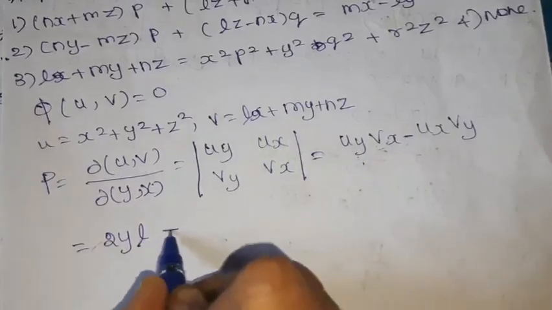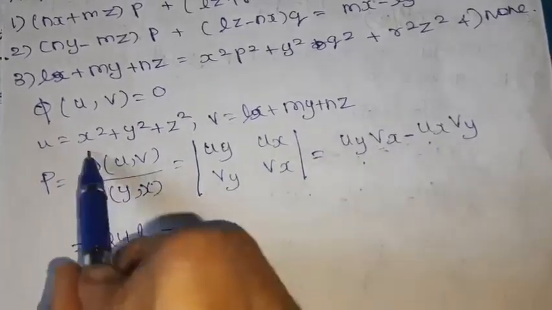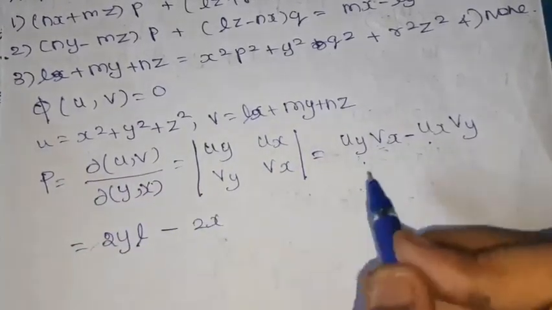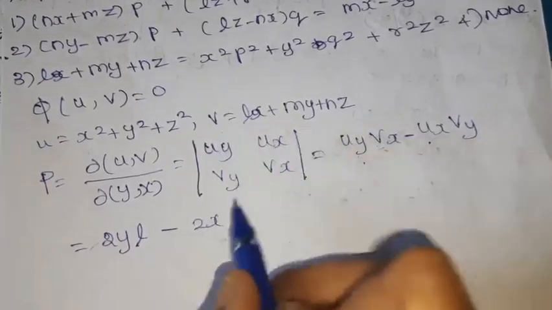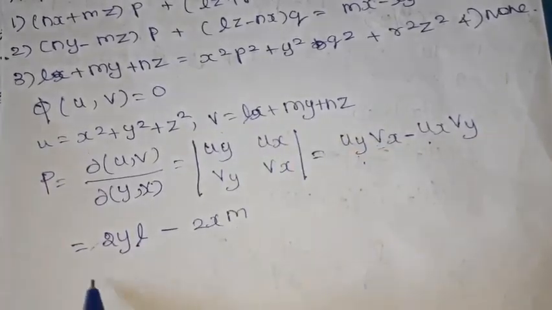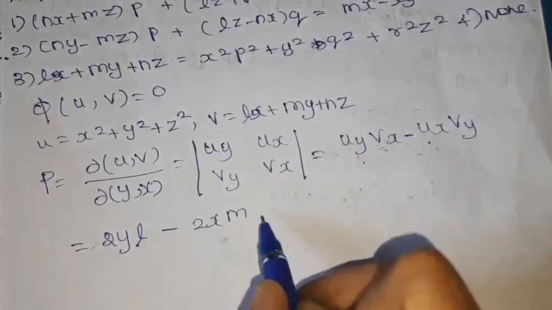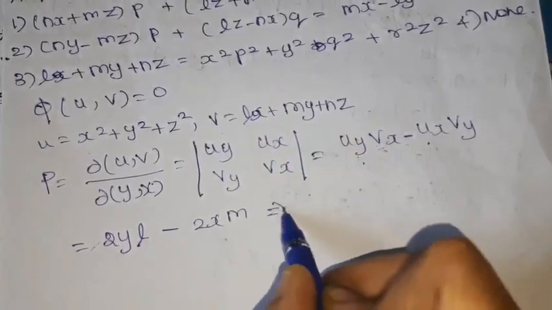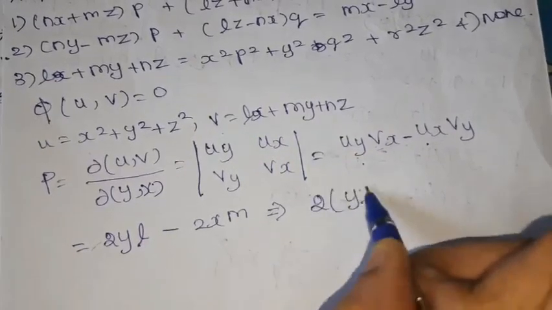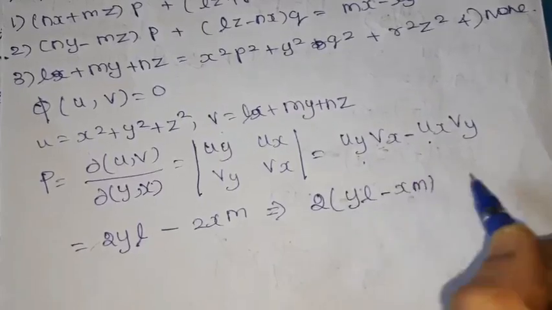Minus what is ux? ux equal to 2x. Then what is vy? vy equal to m. So this is the term p. So again 2 is common, yl minus xm. So say it is p.